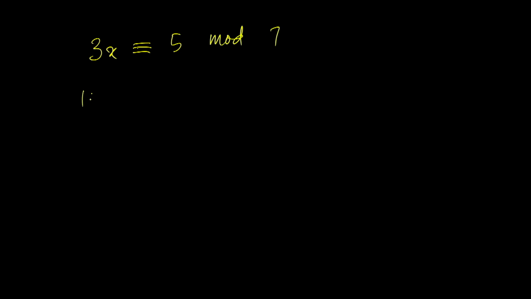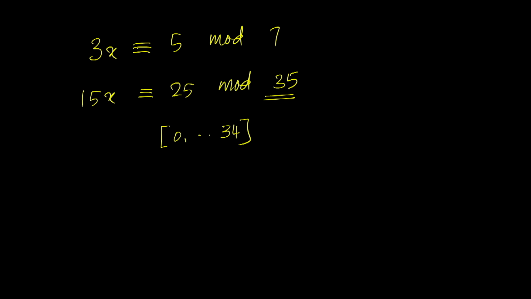But we want a solution for 15x is 25 mod 35. Since we want a solution mod 35, we would like solutions in the range 0 to 34, both inclusive. We know that 4 is a solution. 4 is the unique solution for 3x is 5 mod 7, but then 4 plus t into 7, where t belongs to Z, the set of integers, is also a solution.